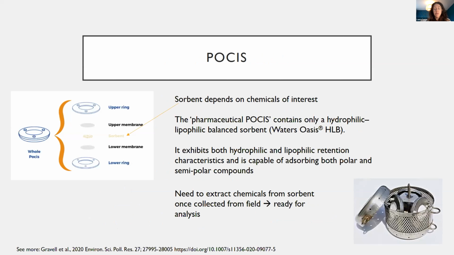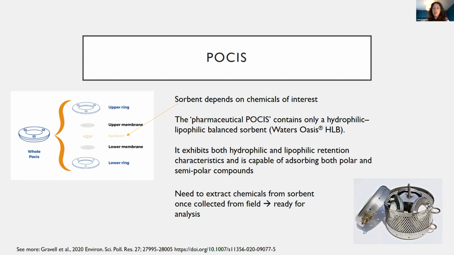So it comprises this receiving sorbent, and it's enclosed between two diffusion membranes. And to prevent the loss of these membranes, you encase this within some O-rings, and these are typically made of stainless steel.